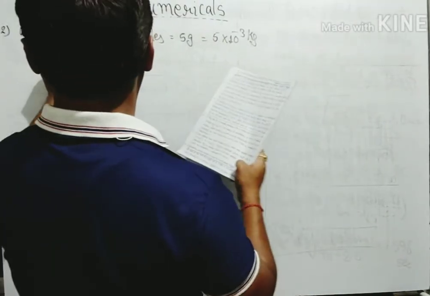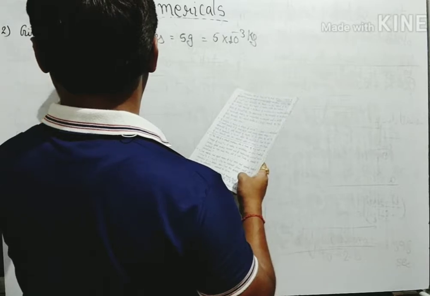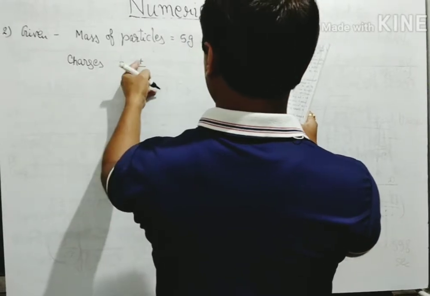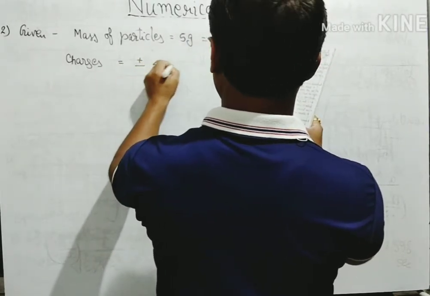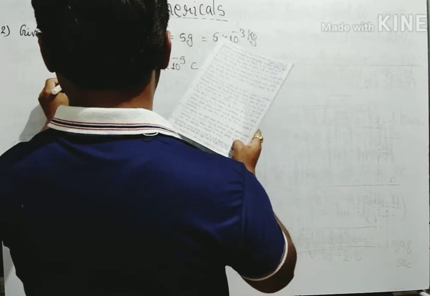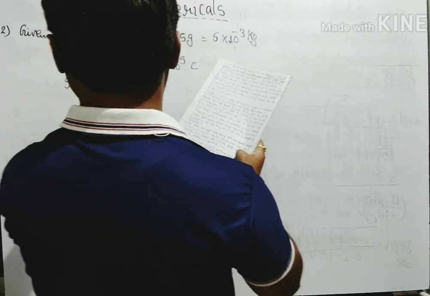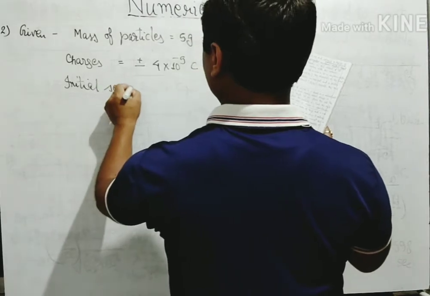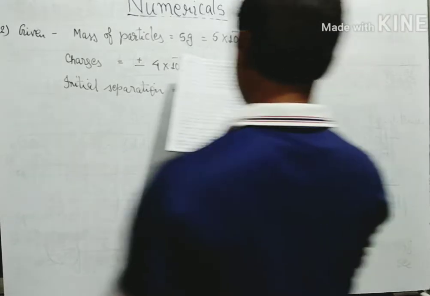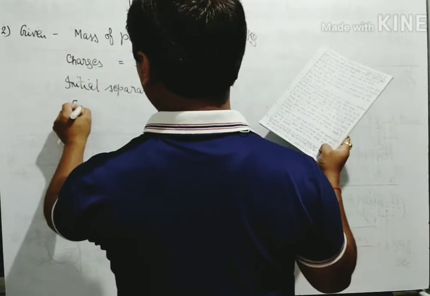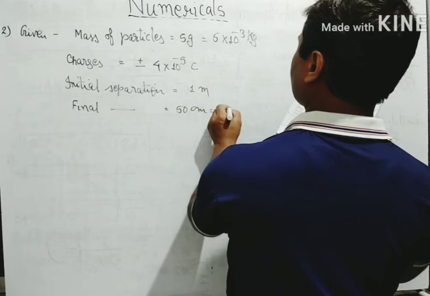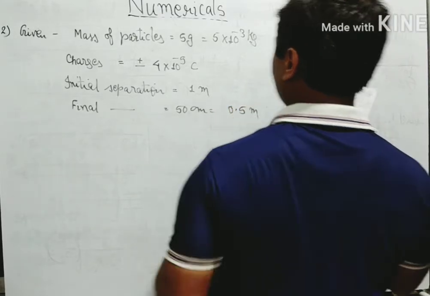Thereafter charges: one carries plus, the other carries minus, 4 into 10 to the power minus 5 coulomb, and thereafter the initial separation between them is 1 meter and the final separation is 50 centimeter, that's 0.5 meter, half meter.